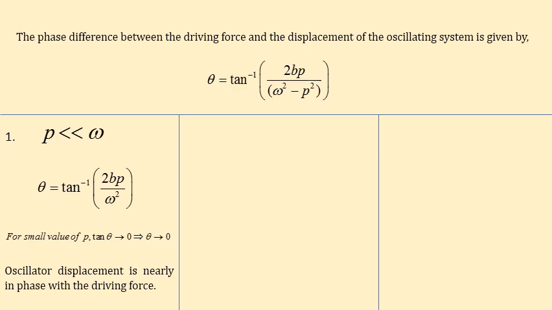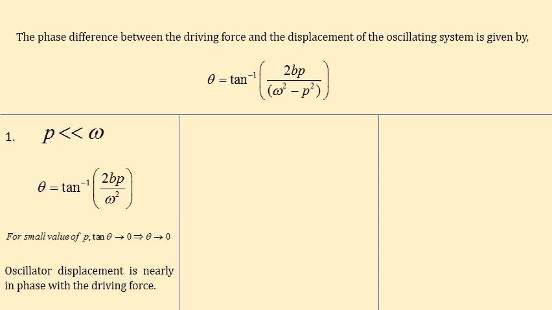Then θ = tan⁻¹ of 2bp divided by ω². Since the p value is very small, it nearly approaches 0. That implies θ is approximately equal to 0. Therefore, the oscillator displacement is nearly in phase with the driving force.